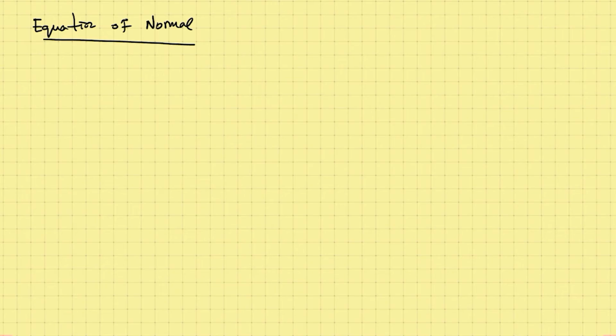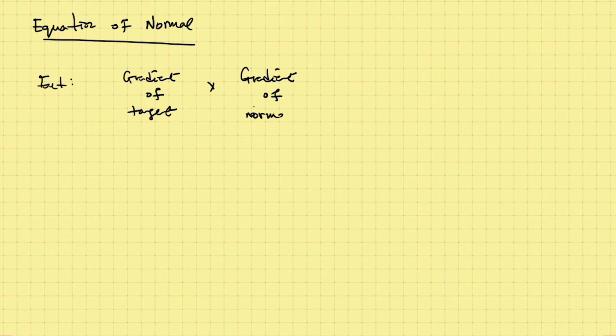So the idea we need to use is this fact. And what is the fact? The fact is that the gradient of the tangent at a point on the curve, times the gradient of the normal, perhaps I can write with a lowercase n, at that point on the same curve, multiply to give you minus 1.